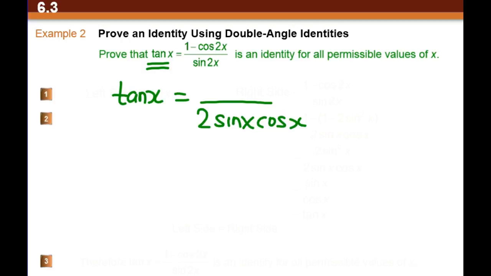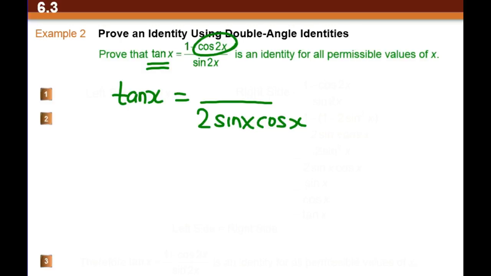We need to figure out what we can replace cos 2x with. And this is where people hate trial and error, but this is where it comes into play. In my head, when I'm thinking through these, I think, what is tan? Tan is cos over sine, right? So our mission is we want to have a cos in the top and a sine in the bottom.